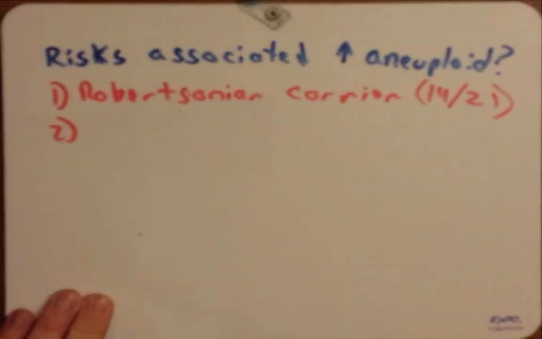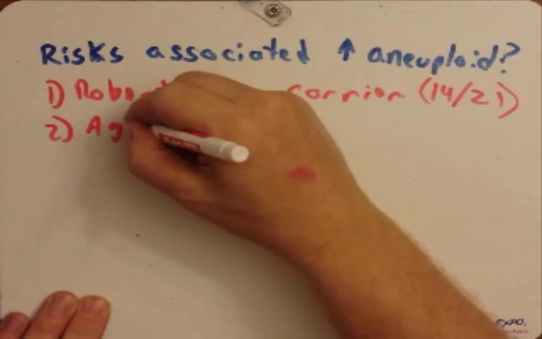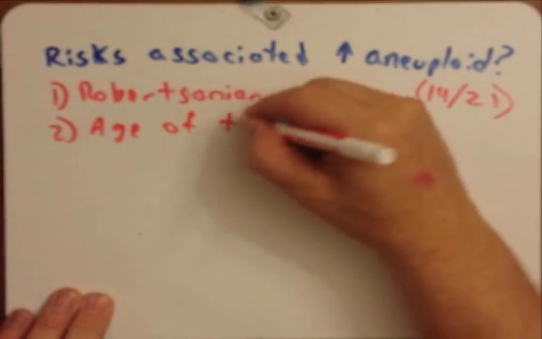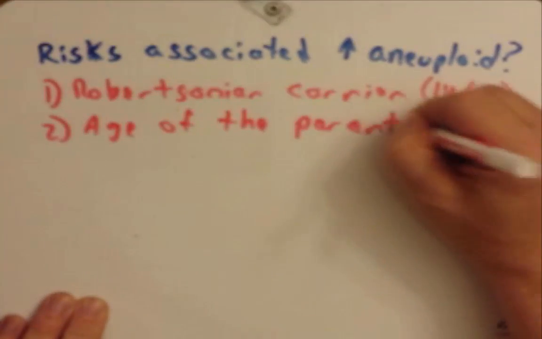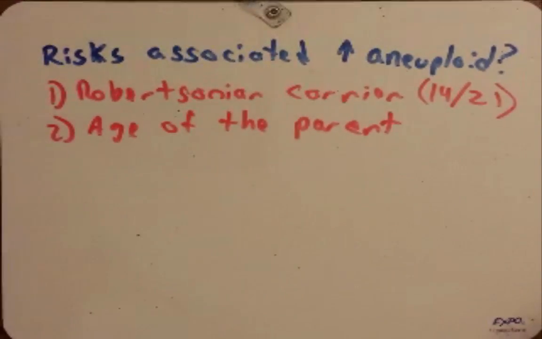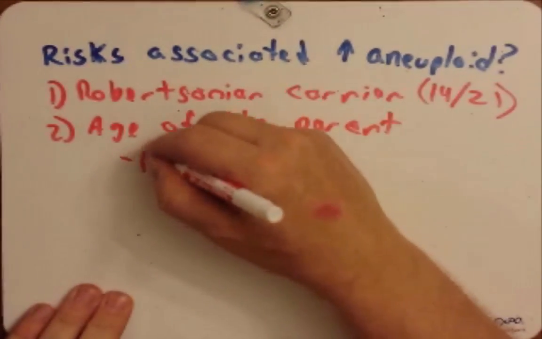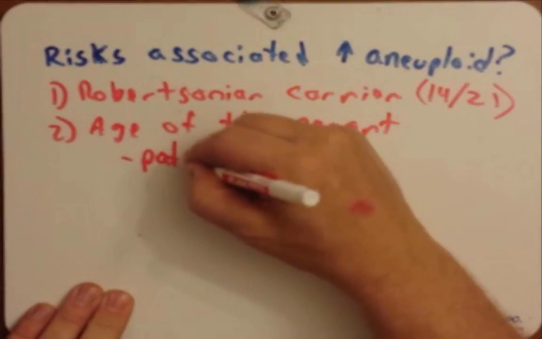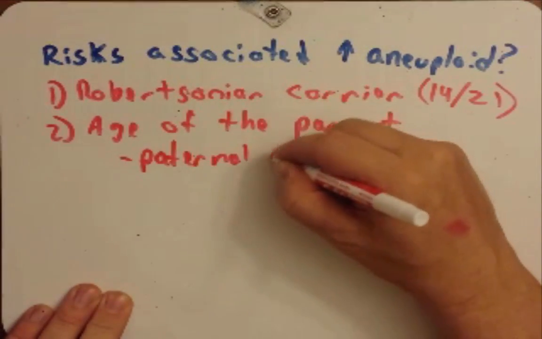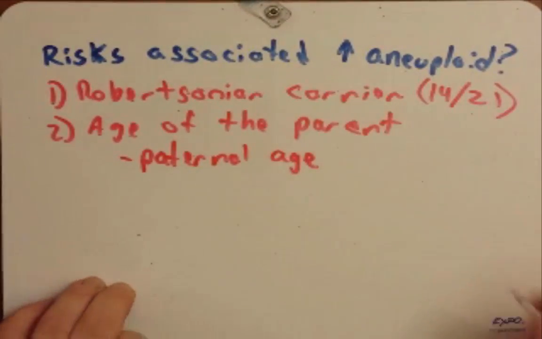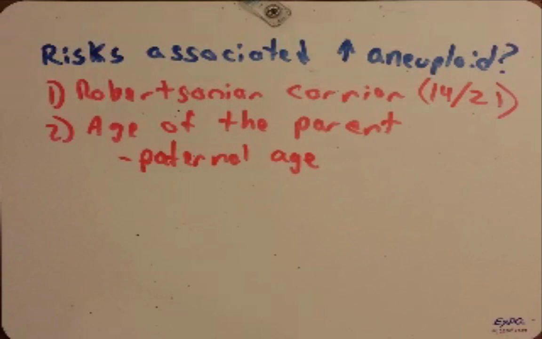Another risk is the age of the parent. This is primarily associated with maternal age, but not exclusively. We know as males age that there is an increased risk of having a child with an aneuploid.